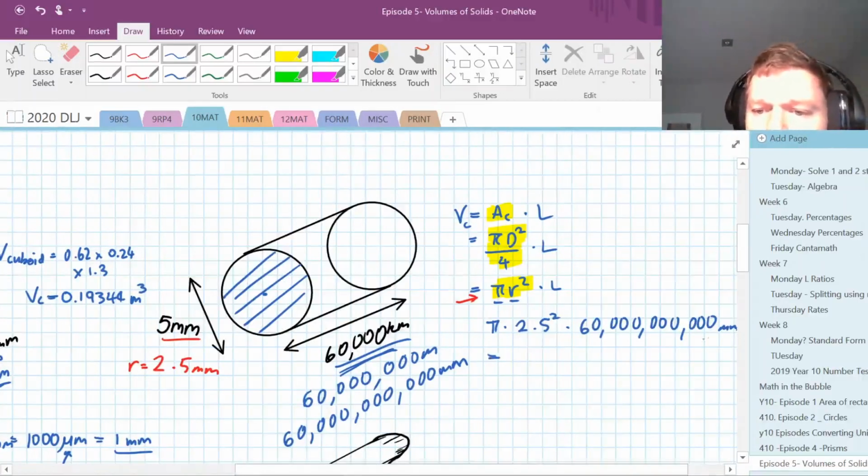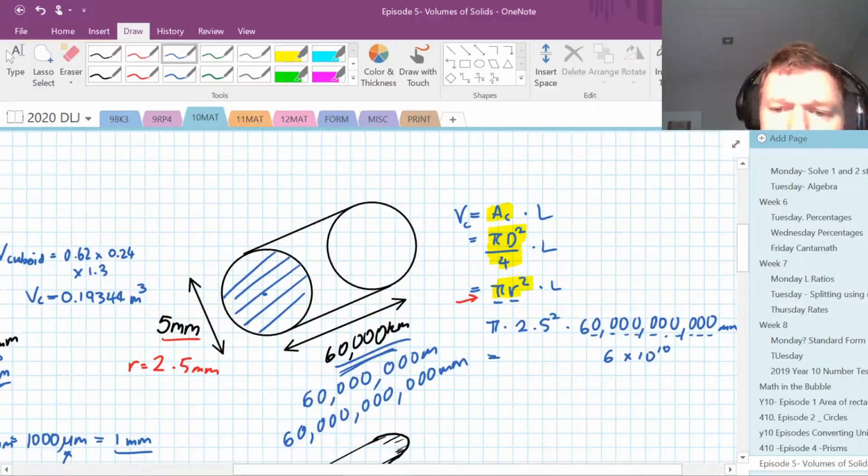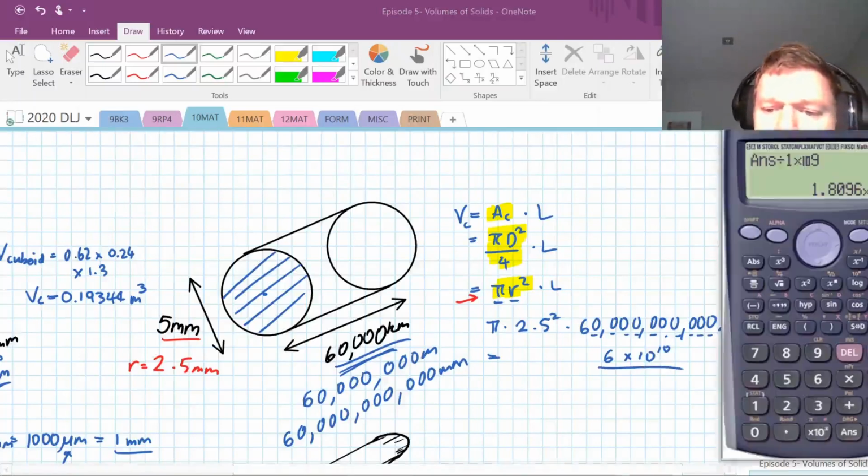And if we wanted to write 60 billion as well, we just count the zeros. 1, 2, 3, 4, 5, 6, 7, 8, 9, 10. So it's going to be 6 times 10 to the power of 10. That'll just make it a bit easier to do on the calculator.